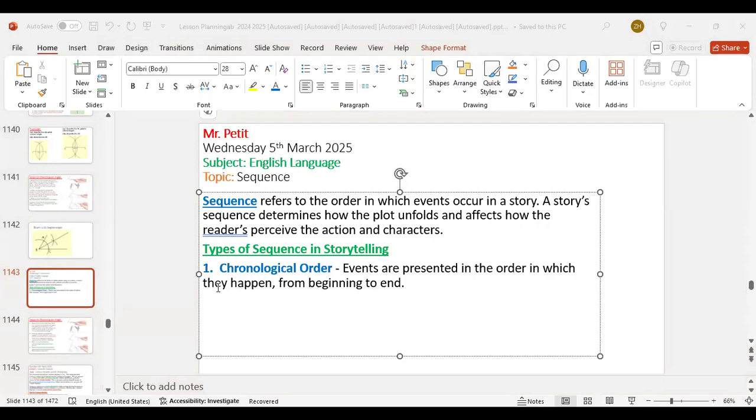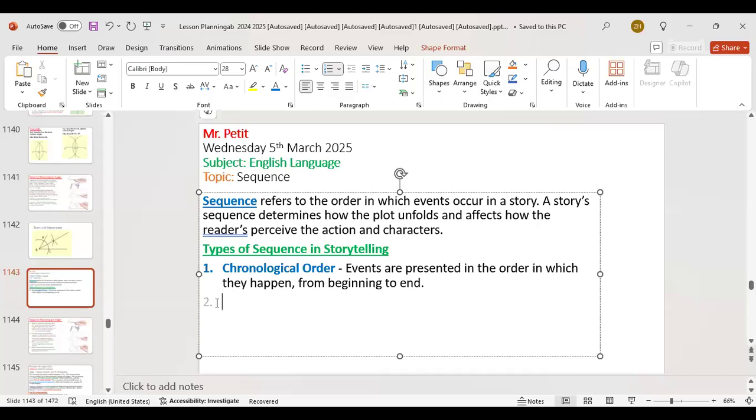From end to beginning. Okay, I like that. So what could we call it if it's from end to beginning? It's not in chronological order. From present to past. Backstory. How would we say that if it's going in the opposite way? Flashback.